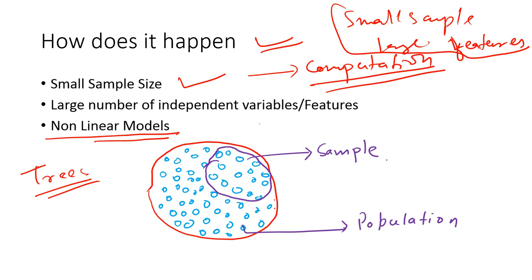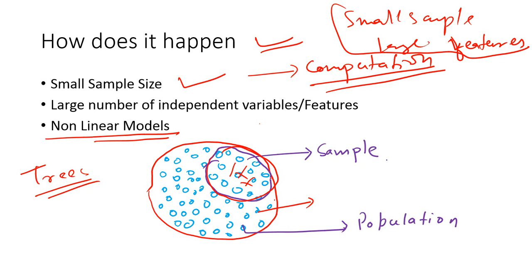So this is our population, and we are taking just a sample of it to build a model, right? And based on what we infer from the sample, we extrapolate that for the population.